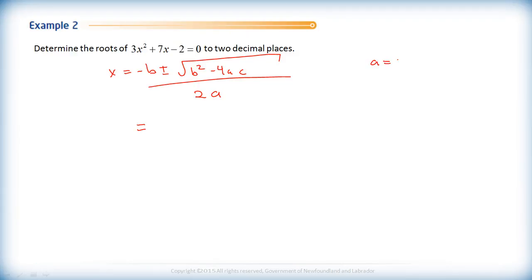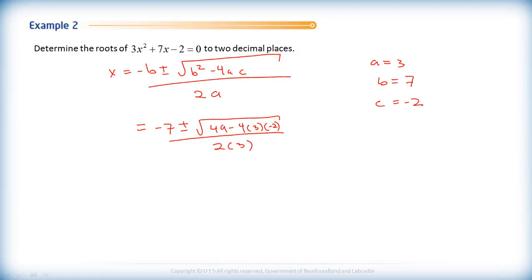So we have a equals 3, b equals 7, and c equals negative 2. All right, so negative b is going to be negative 7 plus or minus the square root of 7 squared, which is 49, minus 4 times a, which is 3, times c, which is negative 2, all divided by 2 times a, 2 times 3.